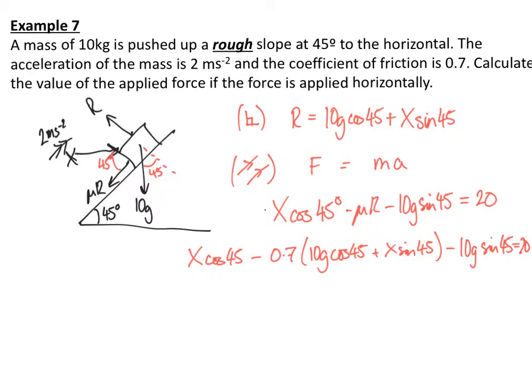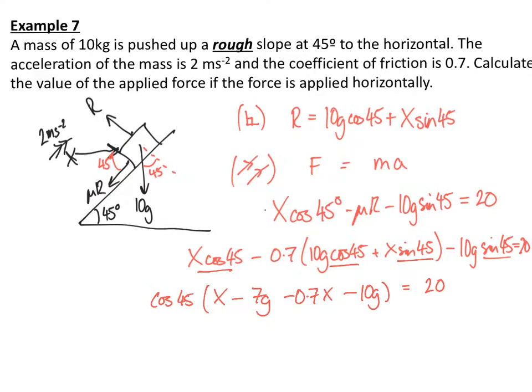Now I know that cos 45 and sine 45 are the same, so all these terms have sine 45 in it, and I can take that out as a factor. So cos 45 or sine 45 leaves me X minus, well, 0.7 times 10g is just 7g, minus 0.7 times X is just minus 0.7X, and then minus 10g here. That equals 20.